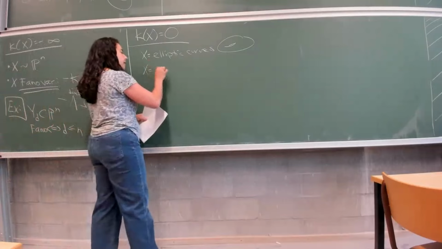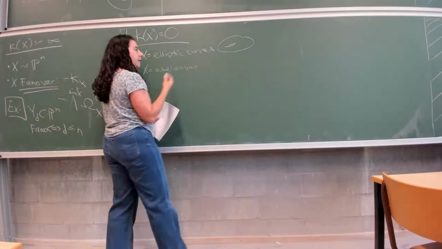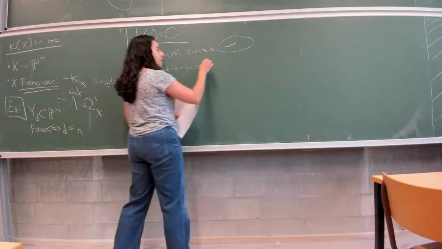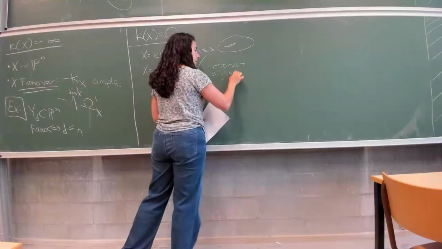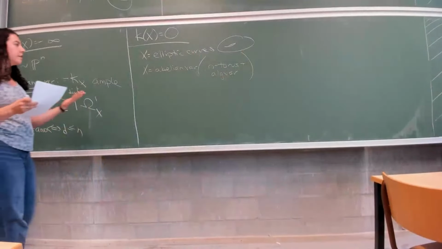So I can take X as an abelian variety, meaning X is just some kind of n-torus that also happens to be an algebraic variety. I don't necessarily have a good way to draw that picture, but it turns out that these are also Kodaira dimension 0.